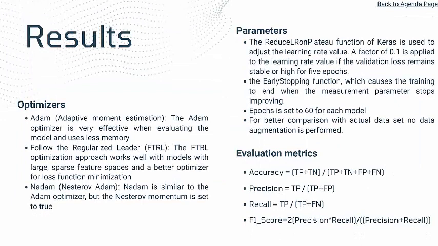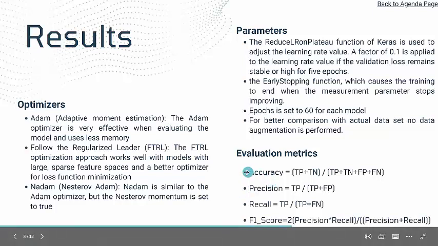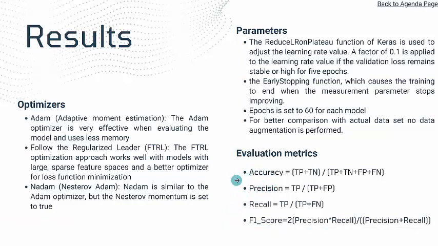As a result, we use the ADAM, adaptive moment estimation, Follow the Regularized Leader, FTRL, and then NADAM optimizers with the parameters as shown here. With this, the evaluation metrics, accuracy, precision, recall, and the F1 score, are given by these equations here.